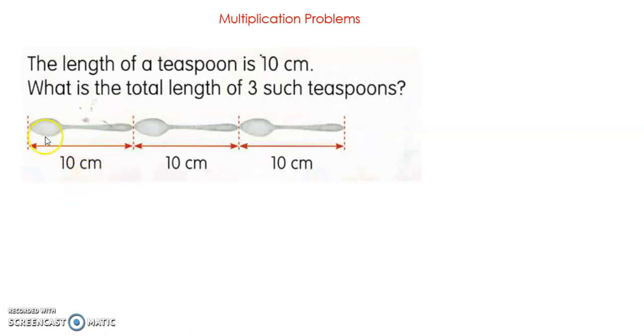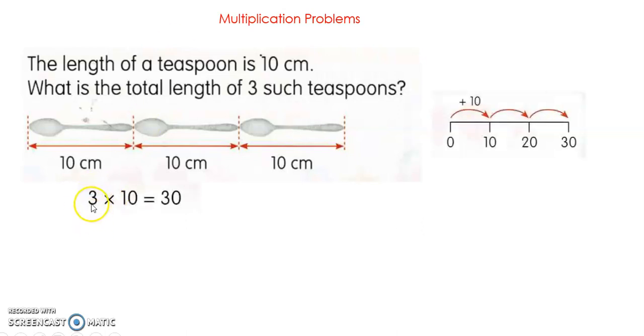So what is the total length of these 3 spoons? I can easily say 10 plus 10 plus 10, or I can say just 3, because here are 3 spoons, times 10, because each spoon has length 10.